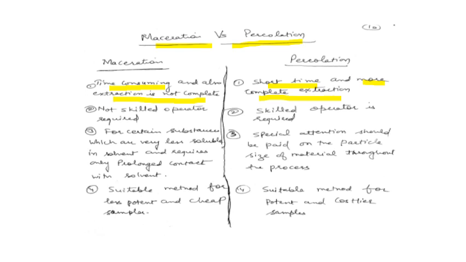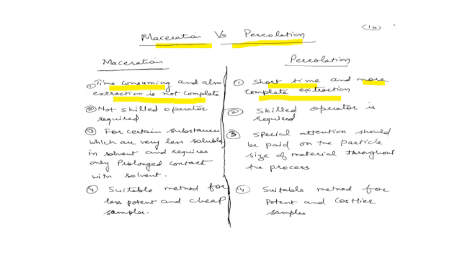So the time requirement is very high in maceration, while a short period of time is required for percolation. The extraction is not complete in maceration, but a complete extraction is achieved in percolation.